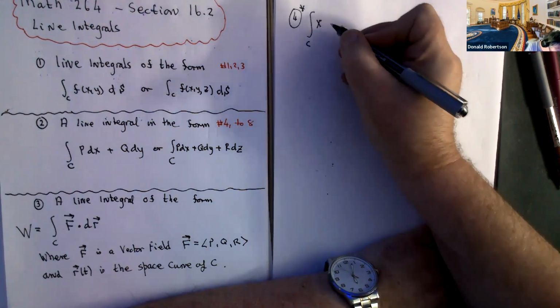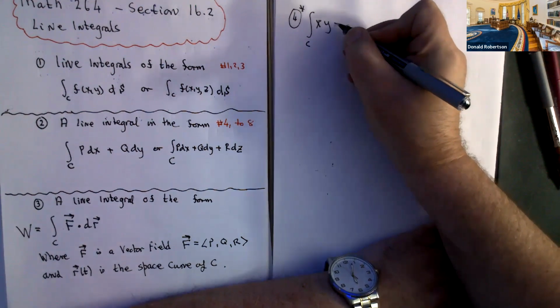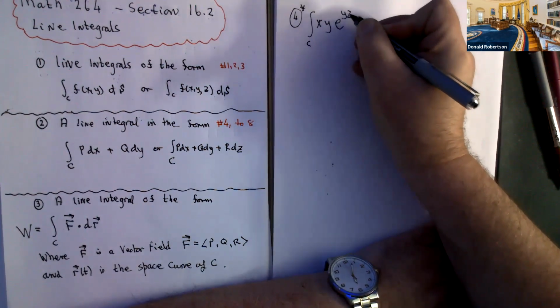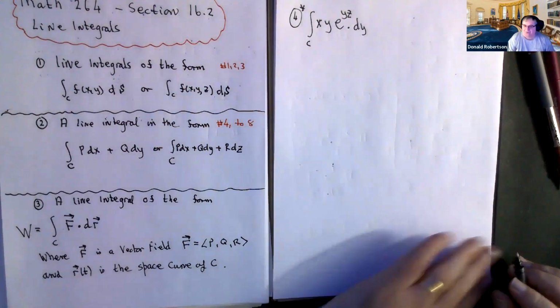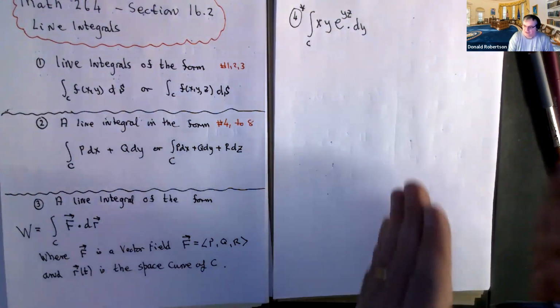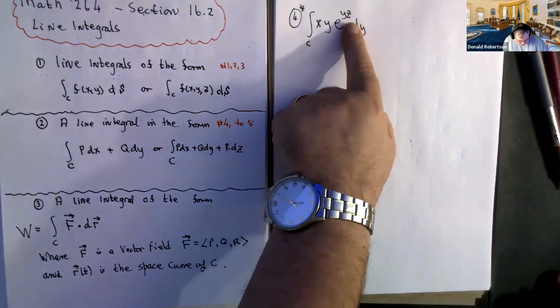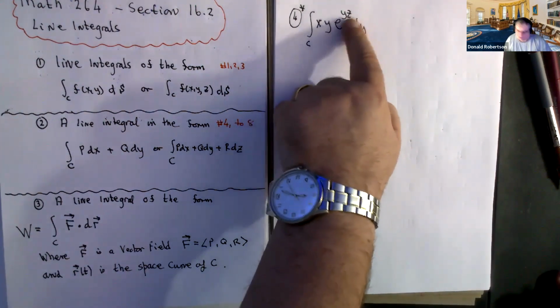So it's an x, y, e to the power of yz. And the only good news is it's a dy version. So it's not got a dx and a dy, right? Now, do you notice it's got 3 variables here? X, y, and z.